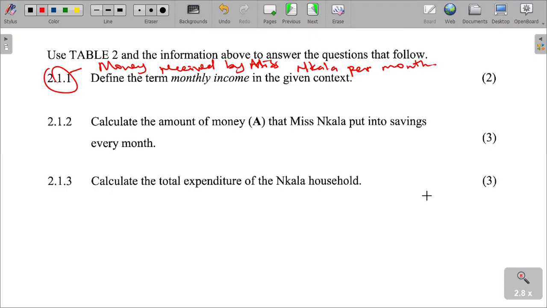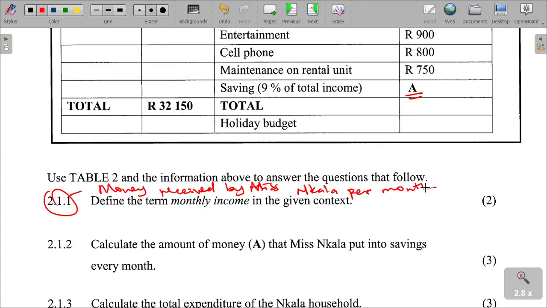Calculate the amount of money A that Miss Ngala put into savings every month. We are given that she's saving 9% of her total income. Her total income is 32,150.